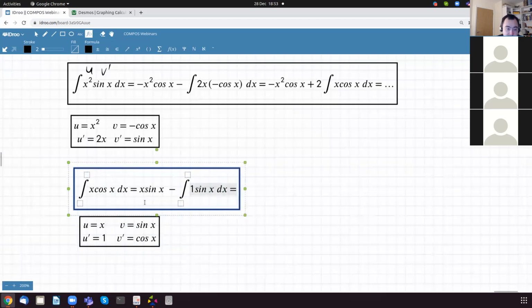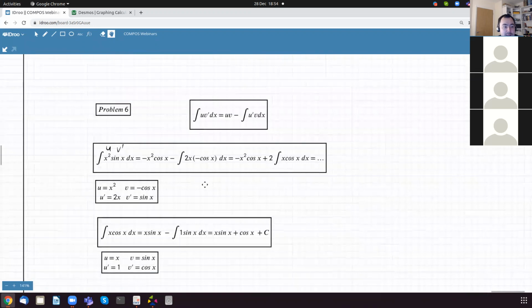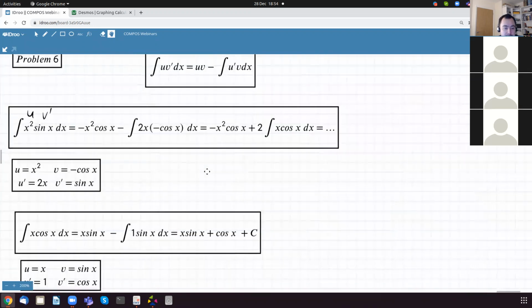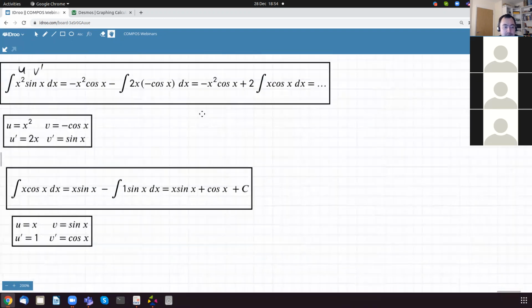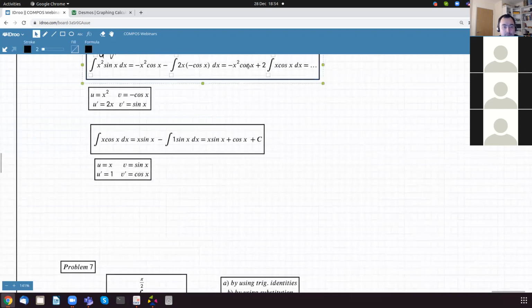dx. Now this integral we know how to do. It's just the integral of sine x, which is minus cos x. So there's going to be x sine x, and the integral of sine is minus cos, so minus minus makes plus. So plus cos x and plus c. Once you've finished integrating, you write down plus c, and you get the final answer.